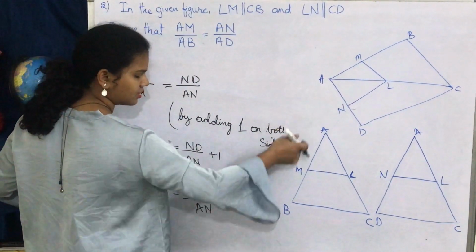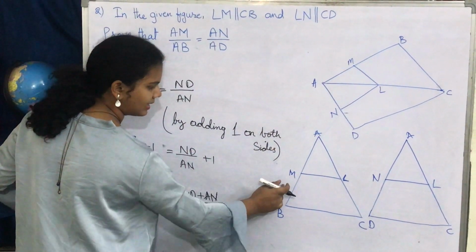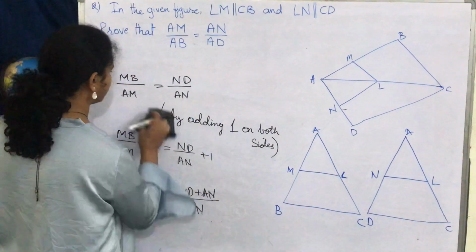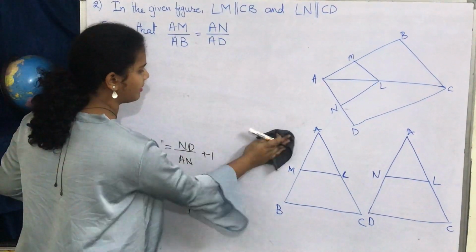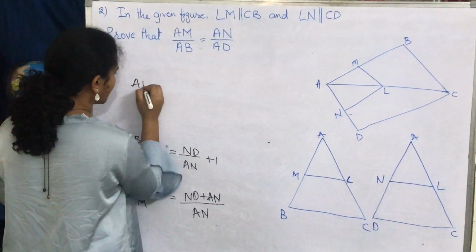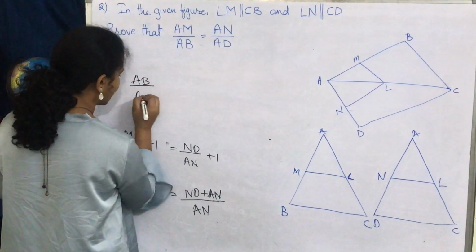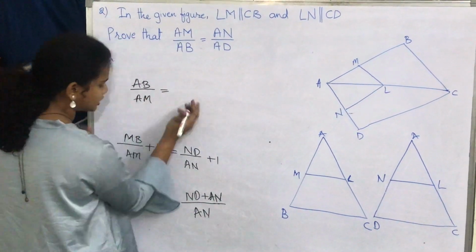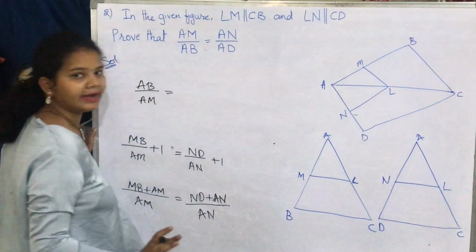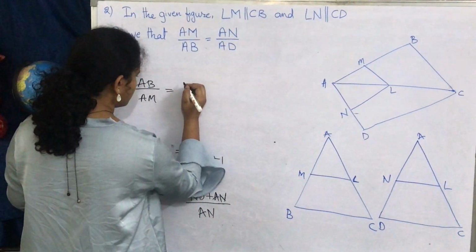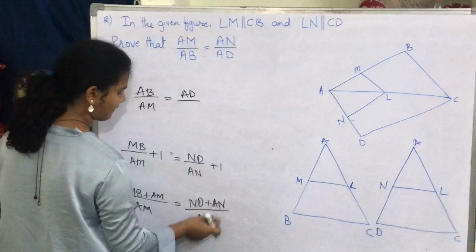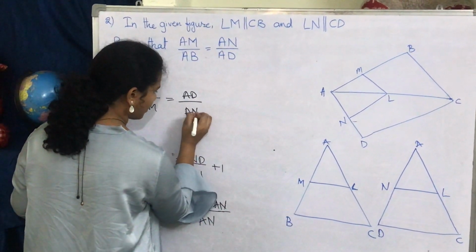So we write AB by AM equals ND plus AN, which gives AD, AD by AN.